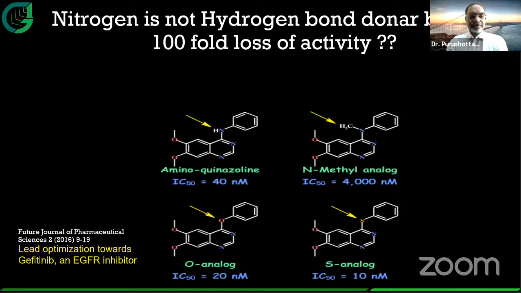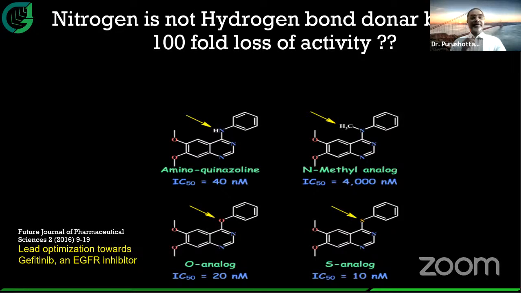So the ether analog, or O-linked analog, is active. What does it indicate? It indicates that the hydrogen atom may not be important, or is certainly not important for the activity. But then why is the N-methyl analog so inactive, 100 times?